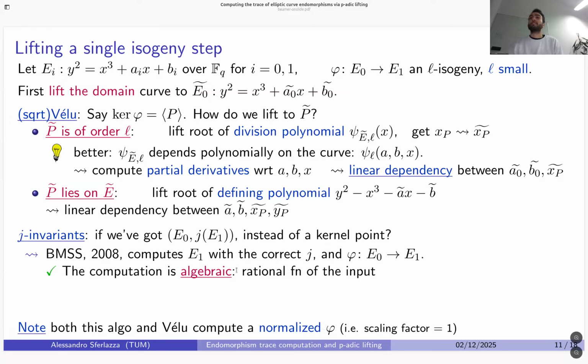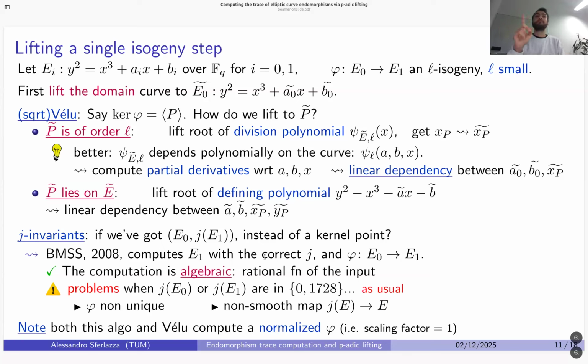And the thing to note here is that the coefficients of the codomain are algebraically dependent on the input. They're expressible as a rational function of the j-invariant and the domain curve.